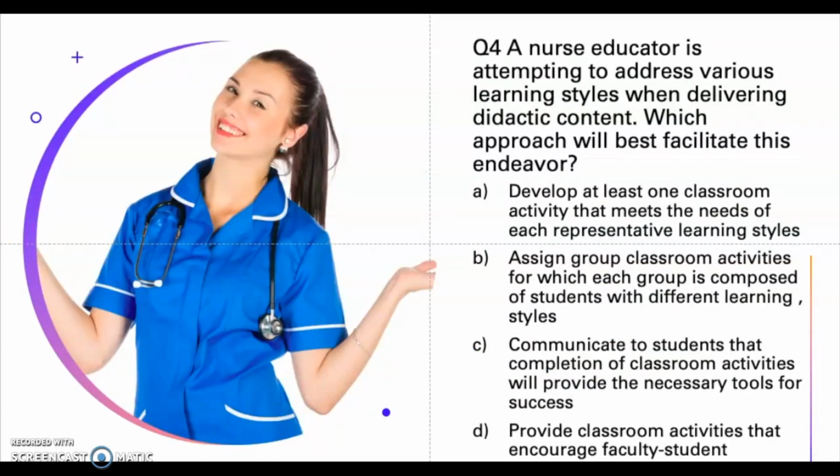A nurse educator is attempting to address various learning styles when delivering didactic content. Which approach will best facilitate this endeavor? This is question number 4. A. Develop at least one classroom activity that meets the needs for each representative learning style.